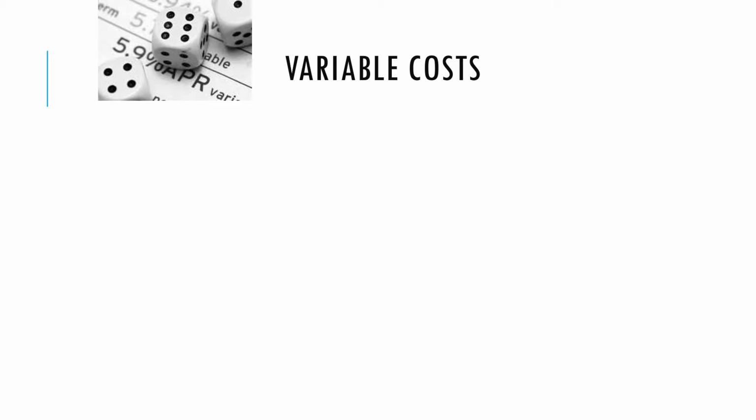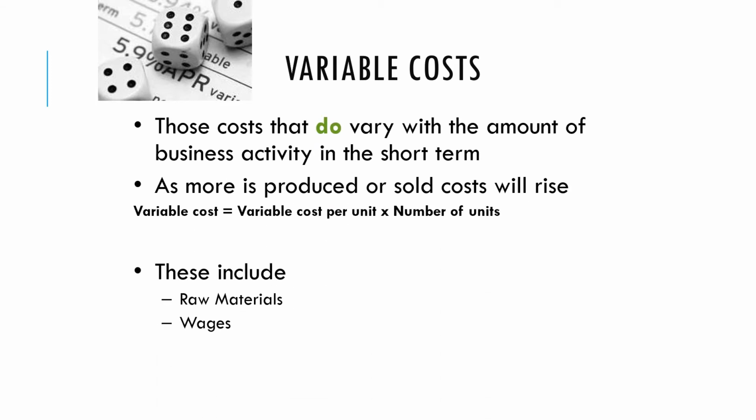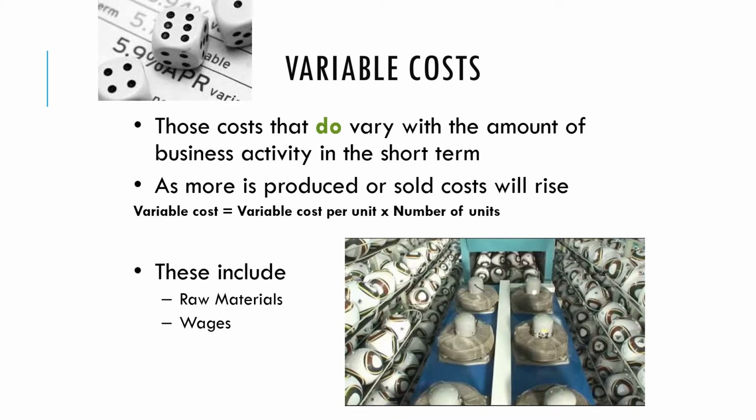Variable costs. Variable costs are different. Variable costs do vary with the amount of business activity. So they do change as you sell or produce more units. And this is an important formula that we need to write down. Variable costs equal the variable cost per unit times the number of units. So if we think of an example, football manufacturing, for example, think about the costs of the actual football itself, the stitching or the plastic involved.